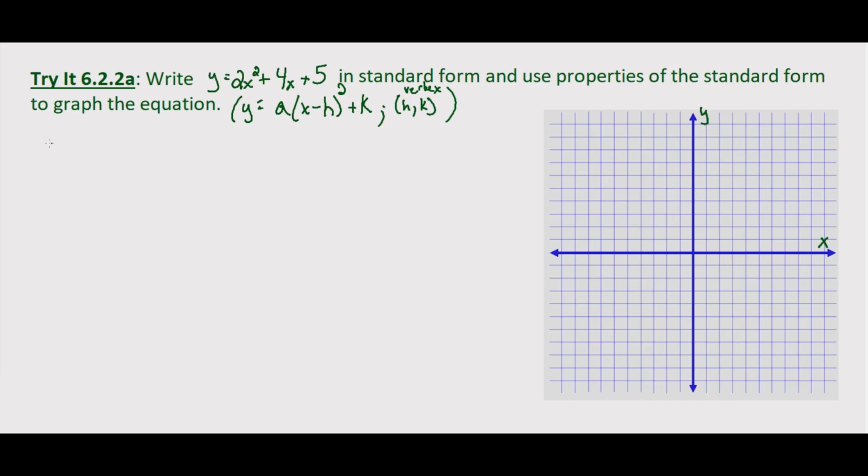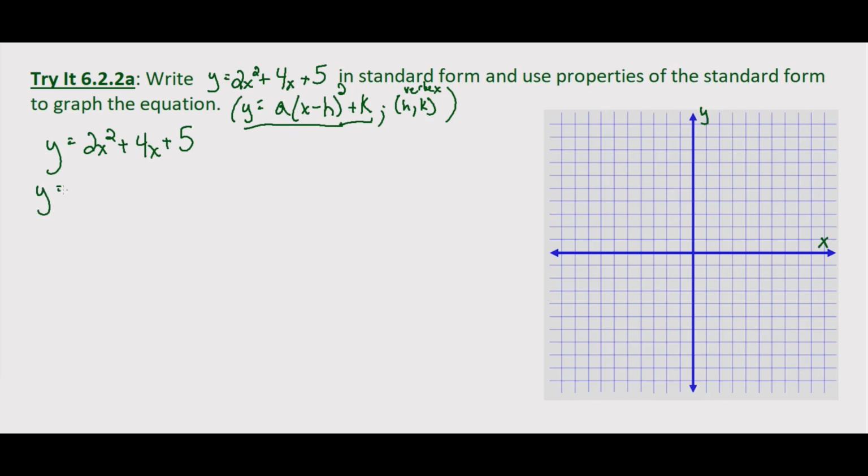So how do we get from y equals 2x squared plus 4x plus 5 to this x minus h form, using the properties of the standard form itself, which is y equals a times x minus h squared plus k?